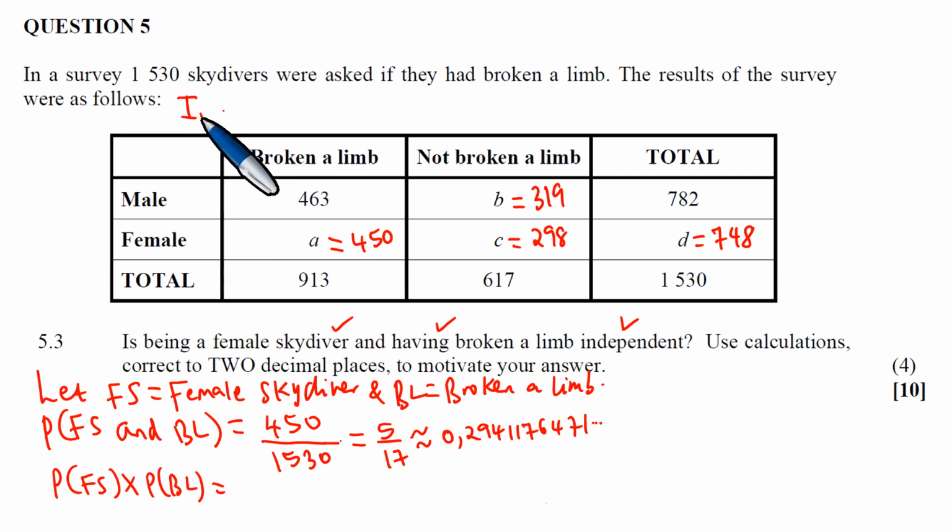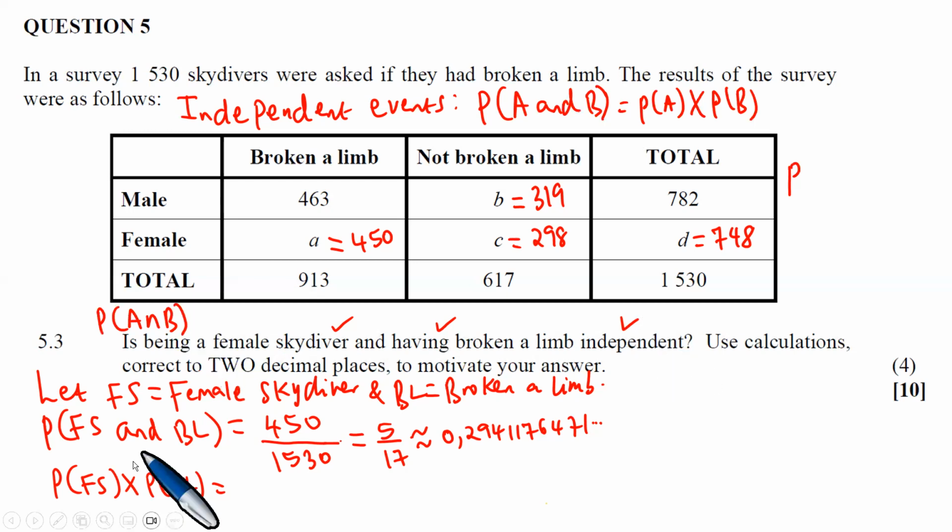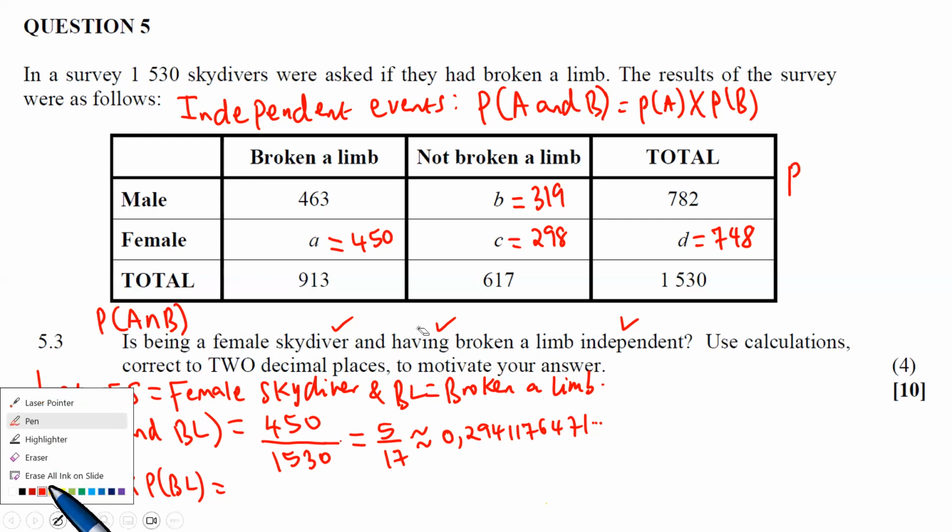So by independent events in mathematics and statistics, we mean that the probability of A and B is the probability of A times the probability of B. So this can also be written as the probability of A and B. We can also write the and like I have just done now.